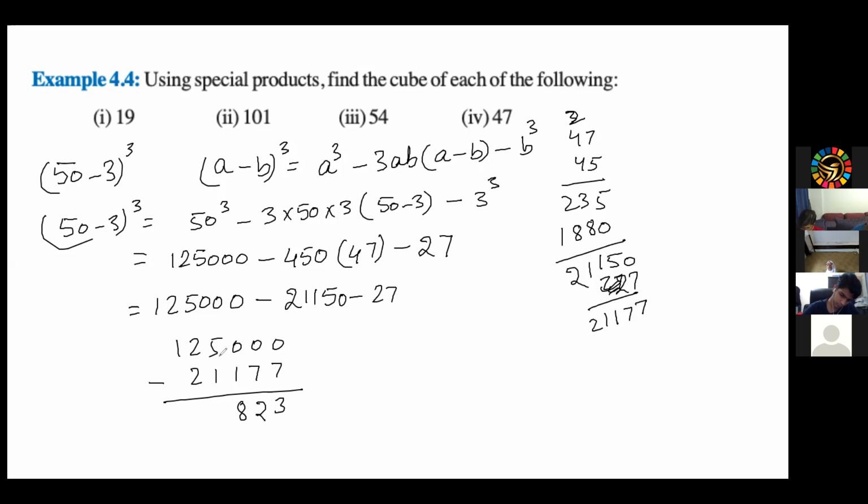So your answer comes out to be, check my calculation: 103823. Just check your calculation and tally whether it is same or not. Then we'll check it if it is not same. Ma'am, it is same. So this is your answer.